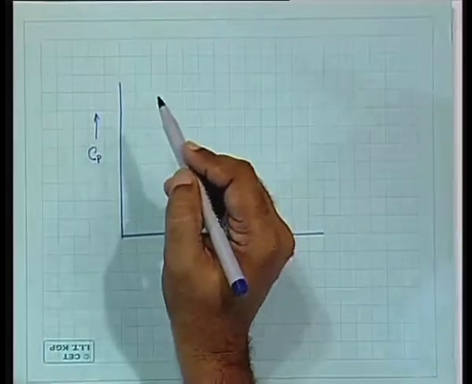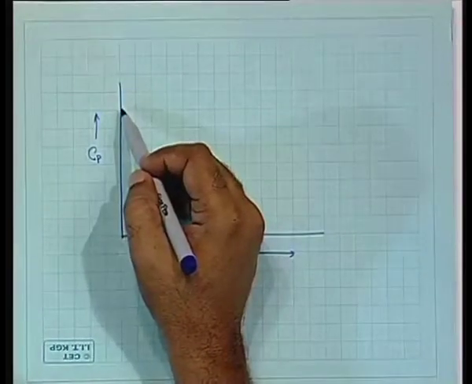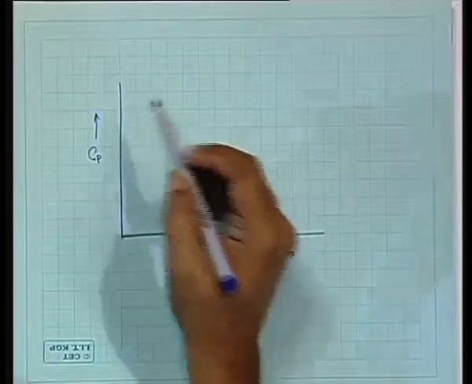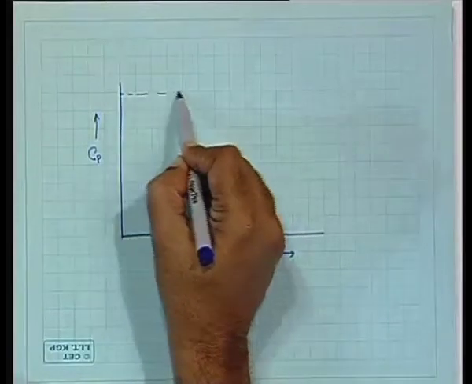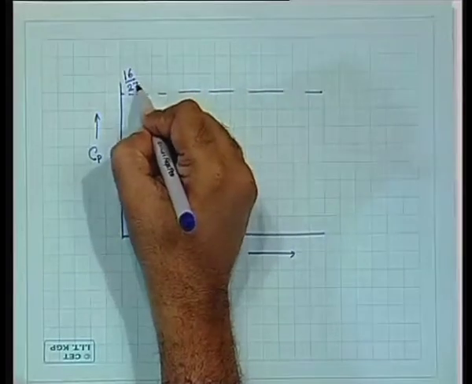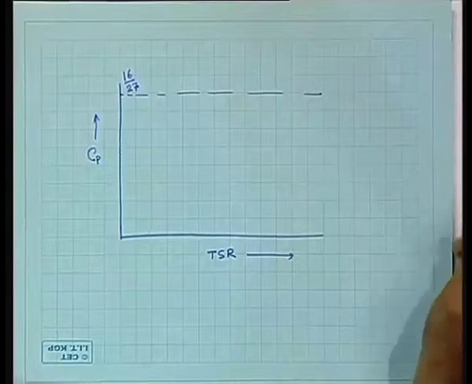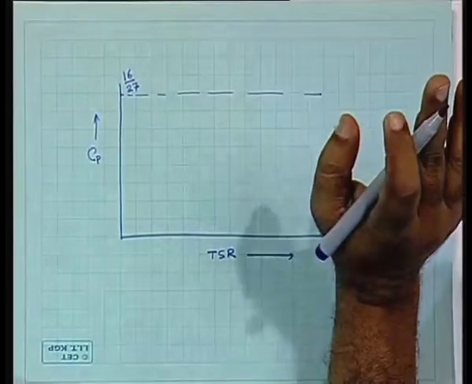We have derived in the last class that the maximum Cp possible is 16 by 27. That we have derived in the last class. So that is the maximum Cp possible. Okay. So that is what we try to achieve.